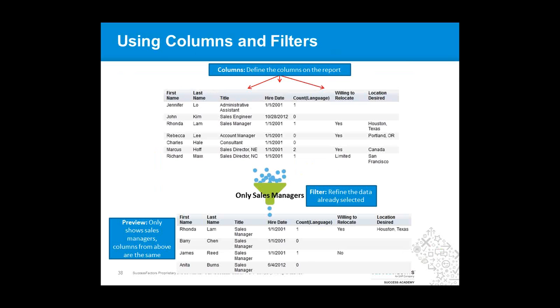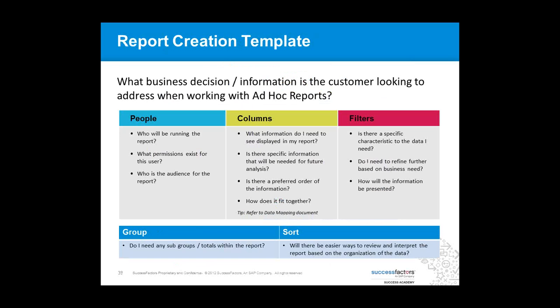You can have different columns like first name, last name, title, hire date, language, all those things. And you can also refine the data, like showing only sales managers in that particular location. You can do that, and you can create templates as well.